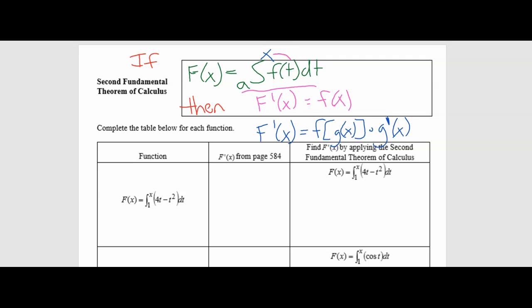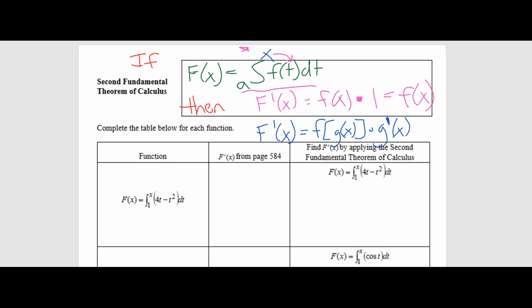We were still replacing the t with x, and then we were still multiplying by the derivative of x, right? Because the derivative of x is just 1. So it turns out that this just becomes f of x when that function at the top of our limit of integration is x. But again, sometimes it won't be x.